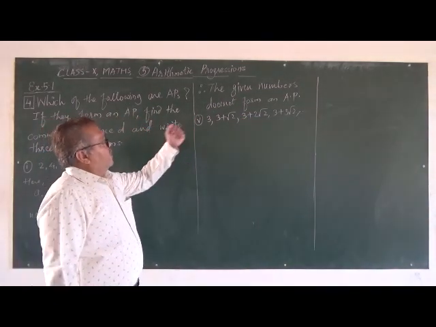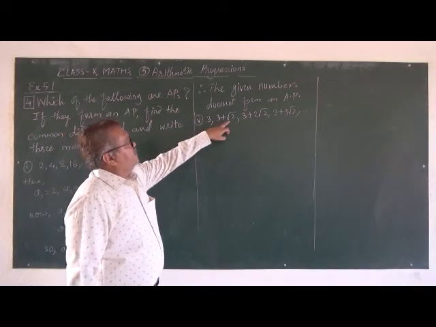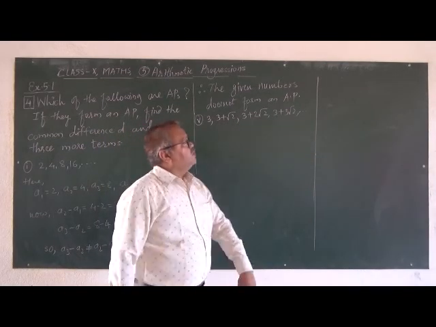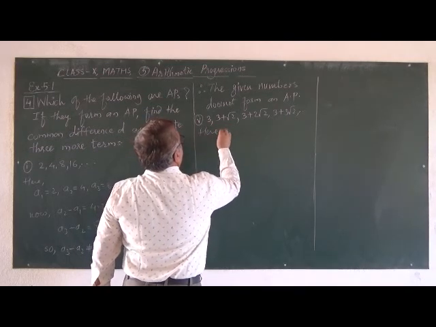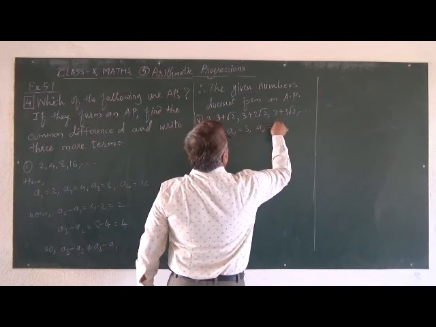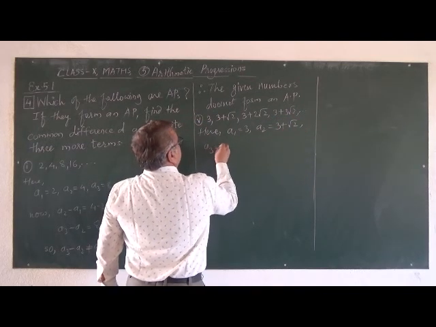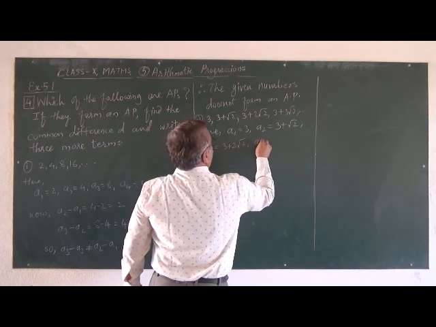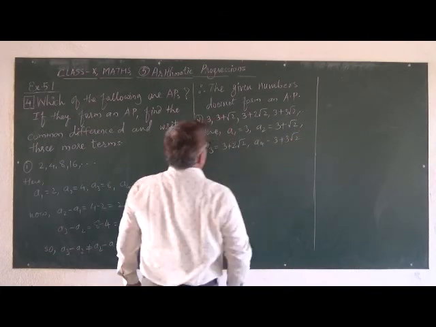Let us see one more sub question. Fifth: 3, 3 plus root 2, 3 plus 2 root 2, 3 plus 3 root 2. So here A1 is 3, A2 is 3 plus root 2, A3 is 3 plus 2 root 2, A4 is 3 plus 3 root 2, and so on.